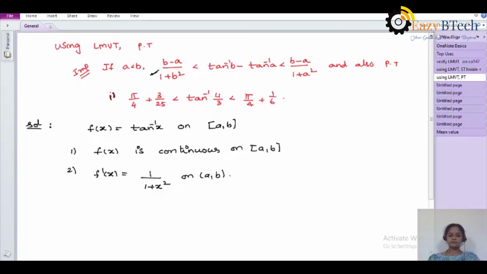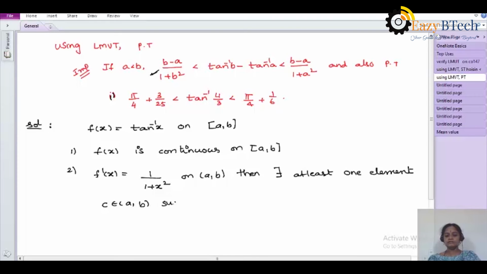So if the two conditions are satisfied, then there exists at least one element c belongs to (a, b) such that f dash of c is equal to (f of b minus f of a) by (b minus a). This is the Lagrange's theorem statement.